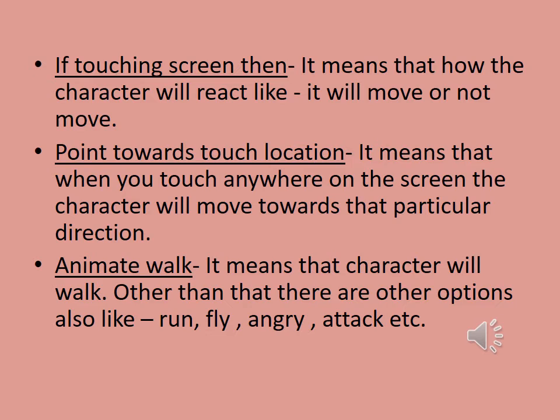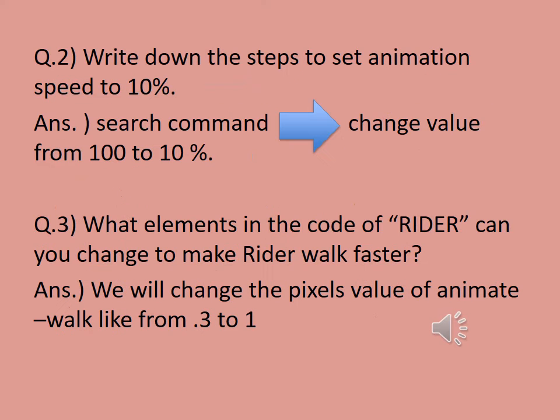If touching screen, then it means how the character will react, like it moves or does not move. Point towards touch location. It means that when you touch anywhere on the screen, the character will move towards that particular direction. Animate walk. It means that character will walk. Other than that, there are other options also, like run, fly, angry, attack, etc.